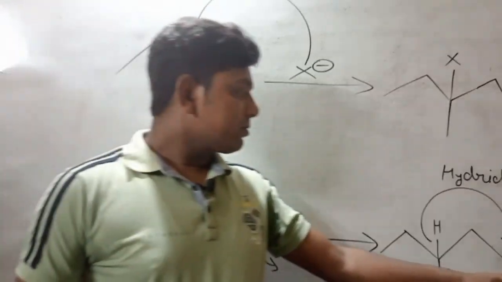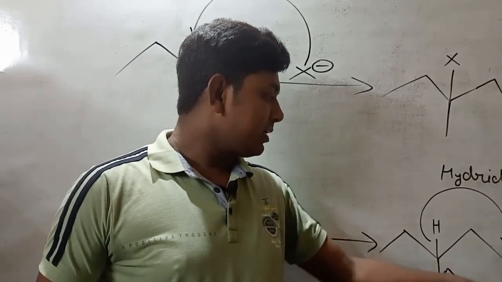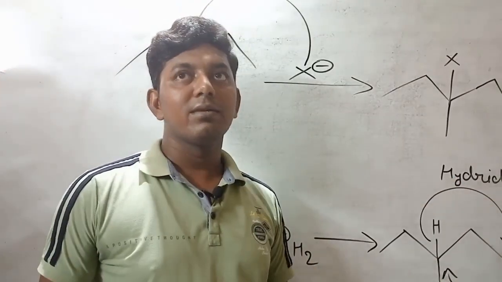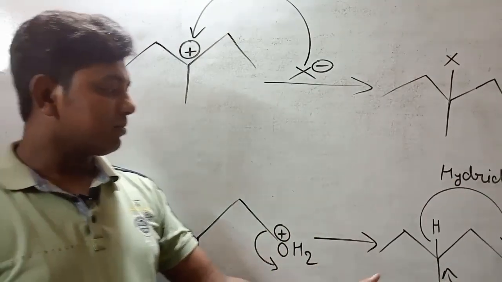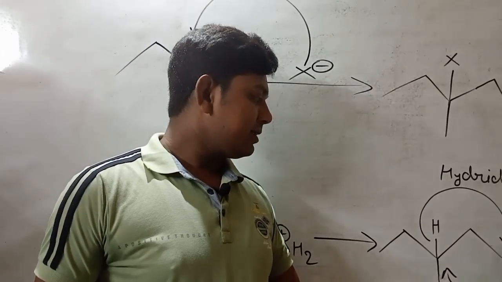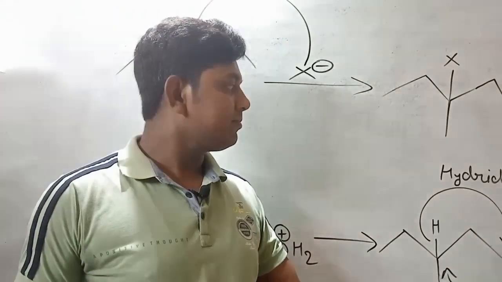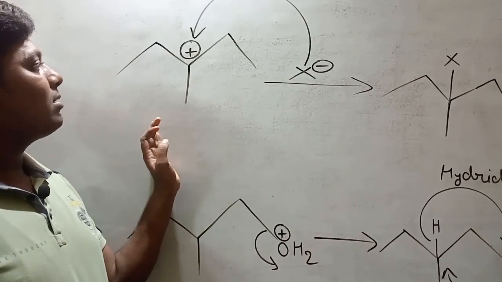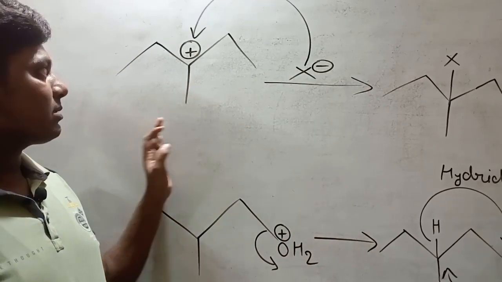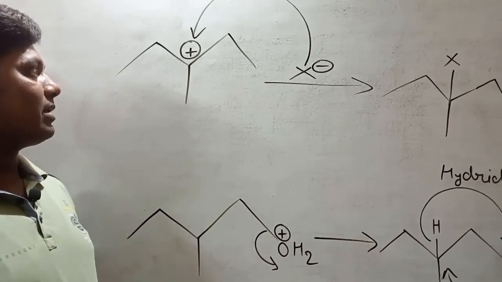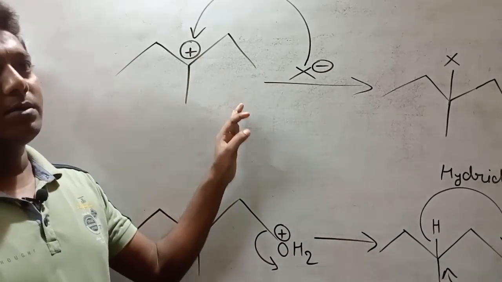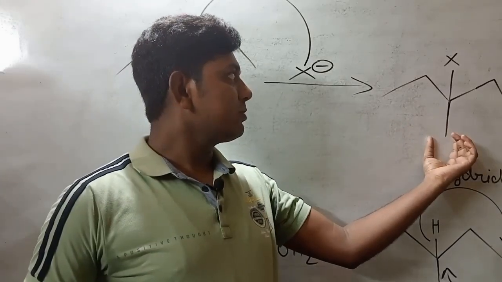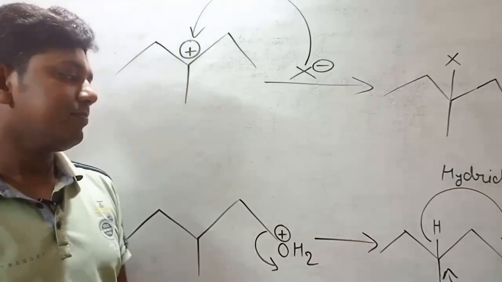One hydrogen atom shifts from the adjacent carbon atom. This is the chain propagation step. In the final step, after the most stable carbocation is formed here, the attack of the halogen atom forms the 2 degree haloalkane.